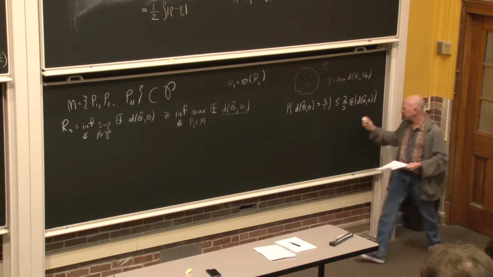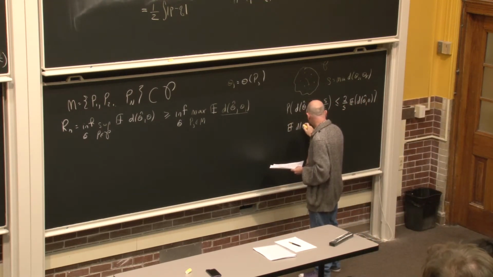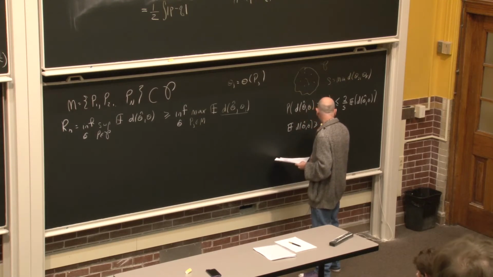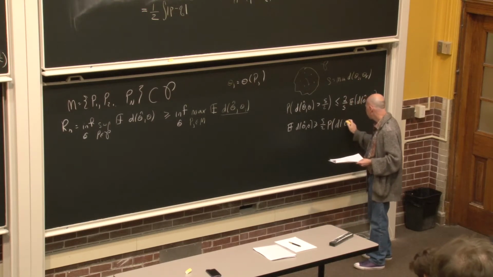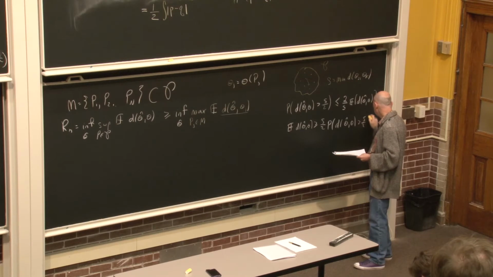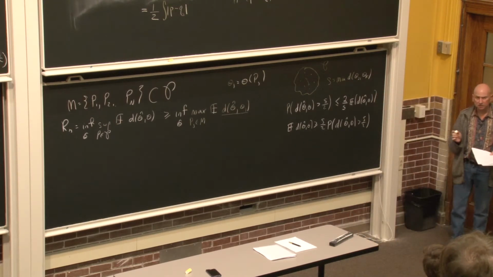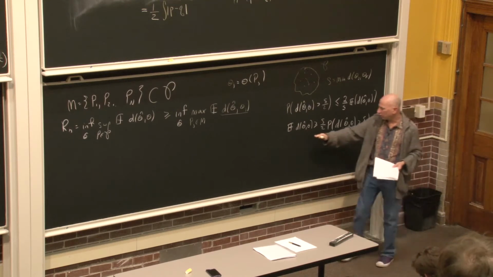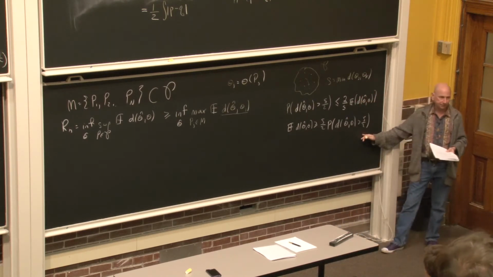That means that the expected distance between theta hat and theta is bigger than or equal to S over 2 times the probability that the distance is bigger than S over 2. This is just Markov's inequality. The goal here was to reduce the expected value into a number times a probability.